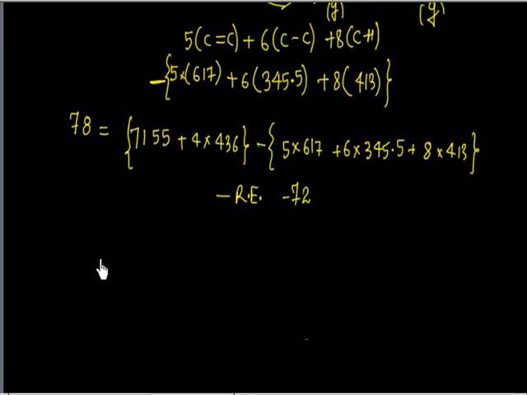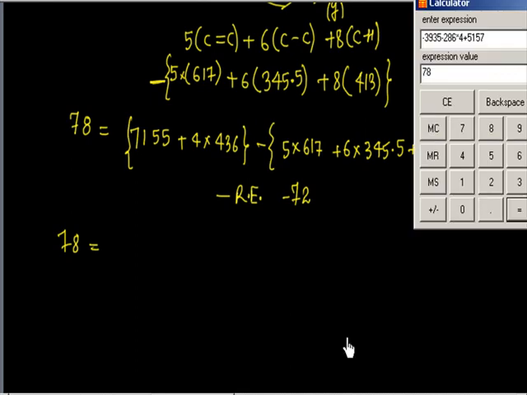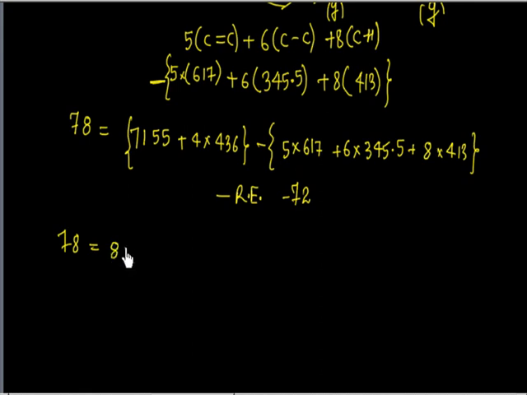Now calculate this value separately. So 78 is equal to, I can use the calculator, 7155 plus 4 into 436. So this value is 8899.